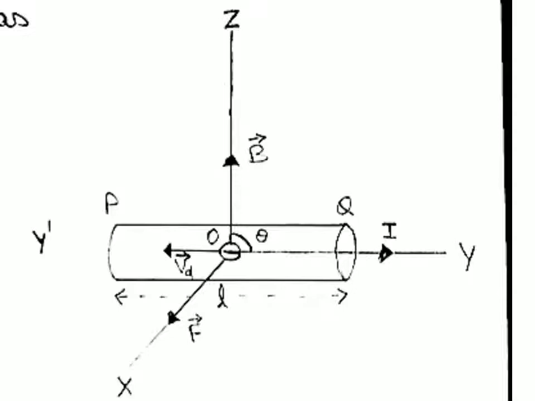Though you can see clearly that it is 90 degrees, for simplicity we take this angle as theta. So this is valid for any angle, not just this 90 degrees, but for any angle theta.